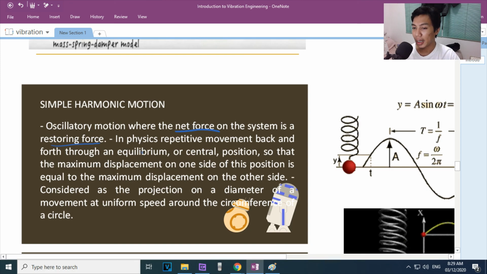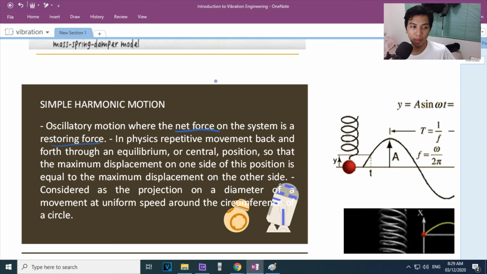In physics, it is a repetitive movement back and forth through an equilibrium, so up and down, or a central position, so that the maximum displacement on one side of this position is equal to the maximum displacement on the other side.